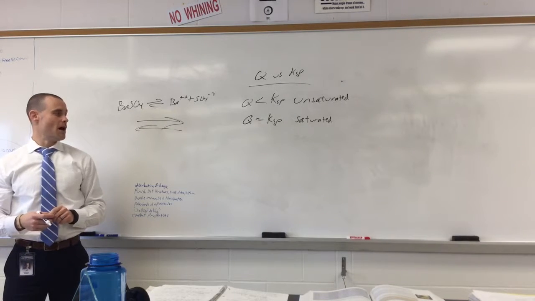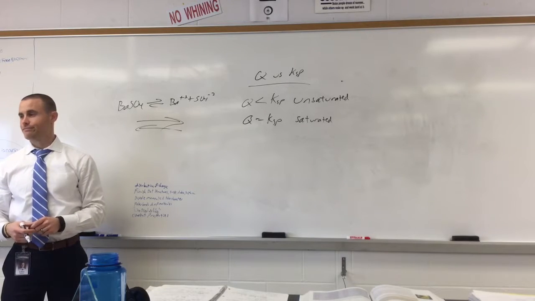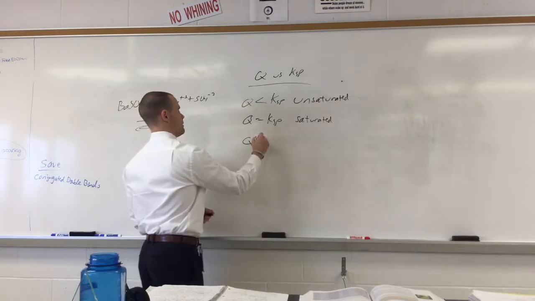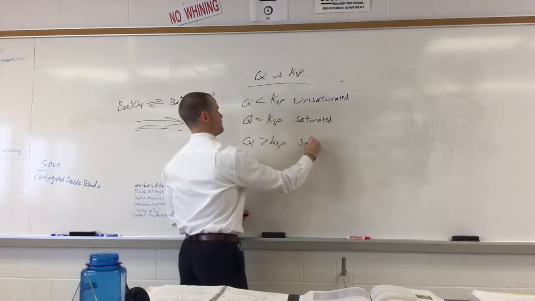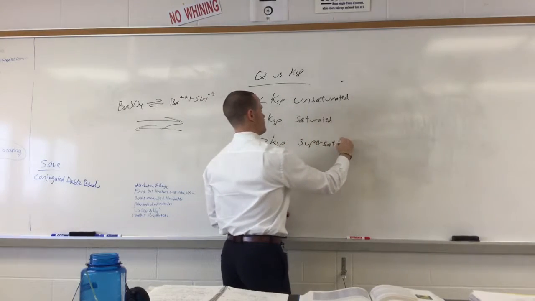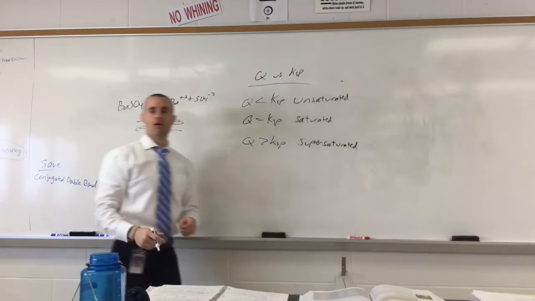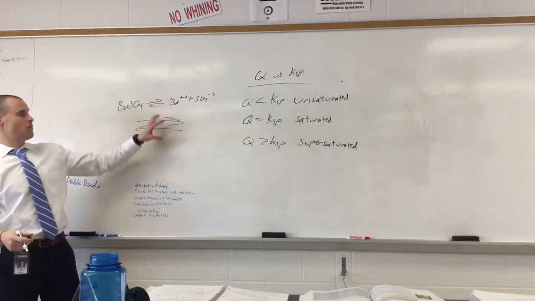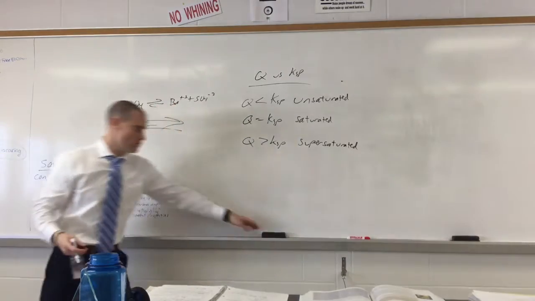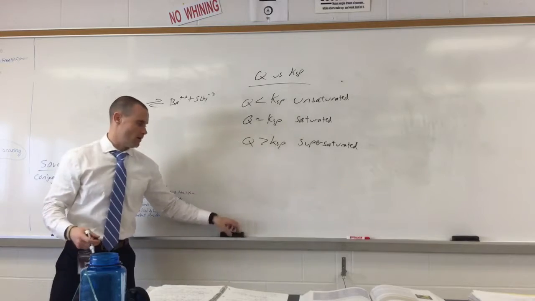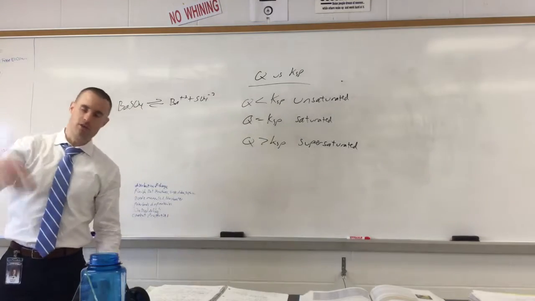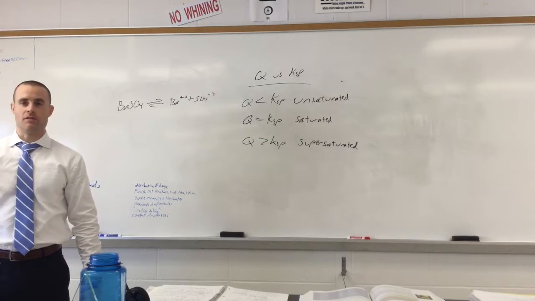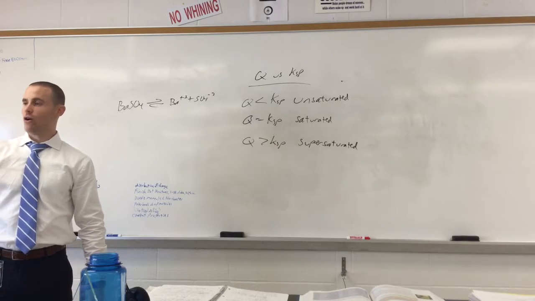Okay. What about the last one, it's easy, obviously. If Q is bigger than K, supersaturated. So if you have too much, actually you know this. If you have a beaker of water and you add way too much solute and you just keep stirring, what's never going to happen? Not all of it's going to dissolve.